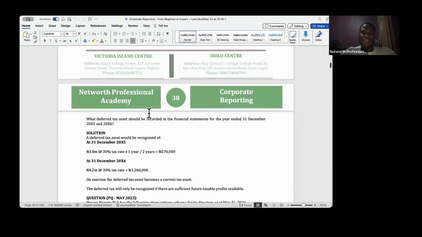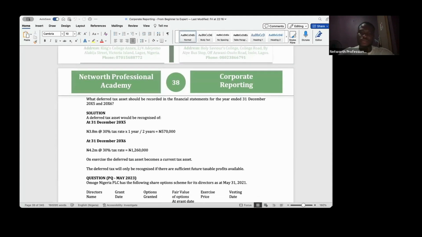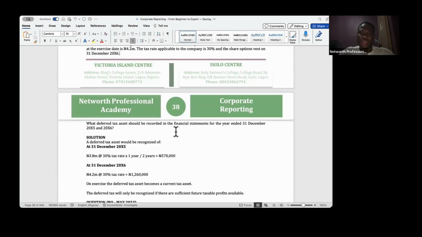The question now asks what deferred tax assets should be recognized, should be recorded in the financial statements for the year ended 31st December 2005 and 2006. So they want you to calculate deferred tax for 2 years.